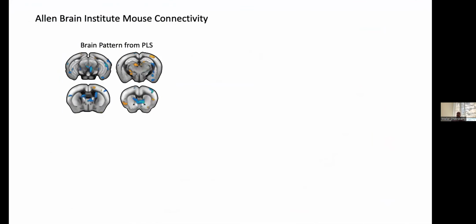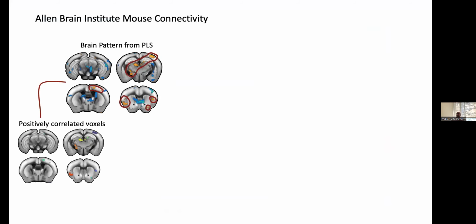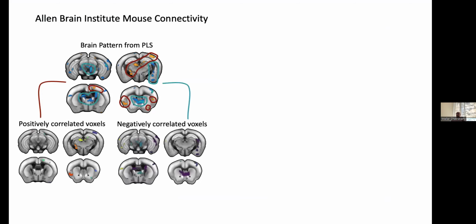And for that, what she did is she took the brain pattern from the partial least squares analysis and chunked it up into the positively correlated volumes, voxels, and the negatively correlated volumes, under the assumption that they represent two different processes that are going on simultaneously.